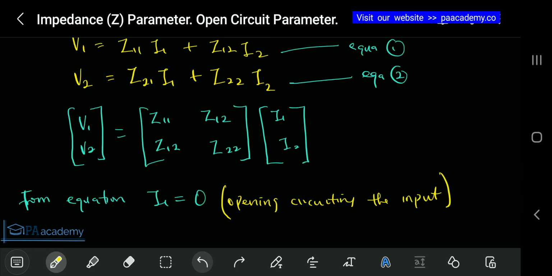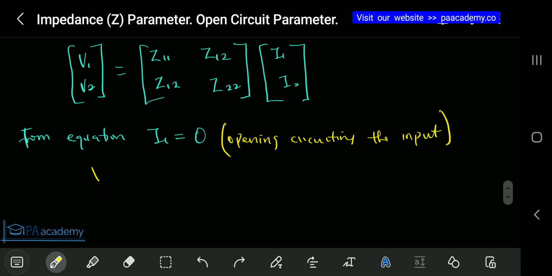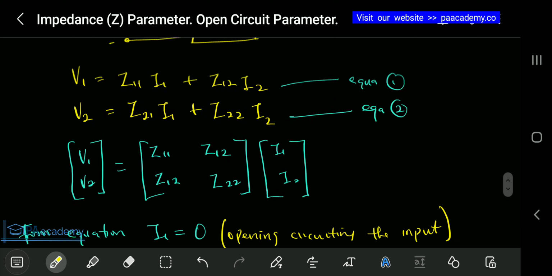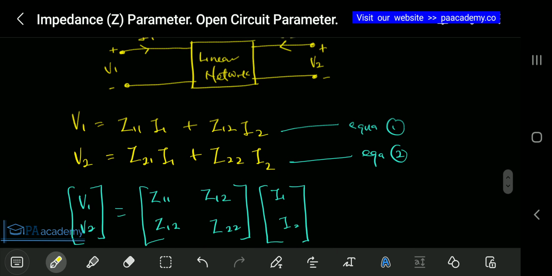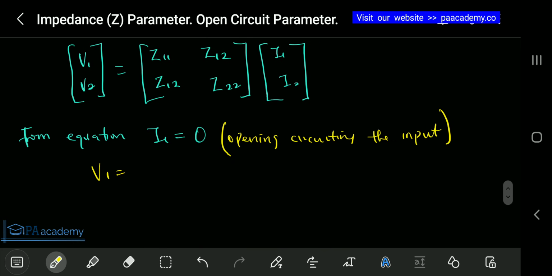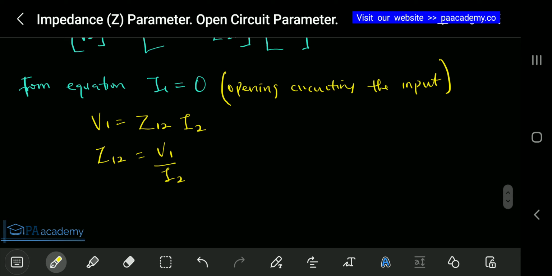So with this, we can make Z12 the subject of the formula. That means our Z12 is equal to V1 over I2. So take note of this.